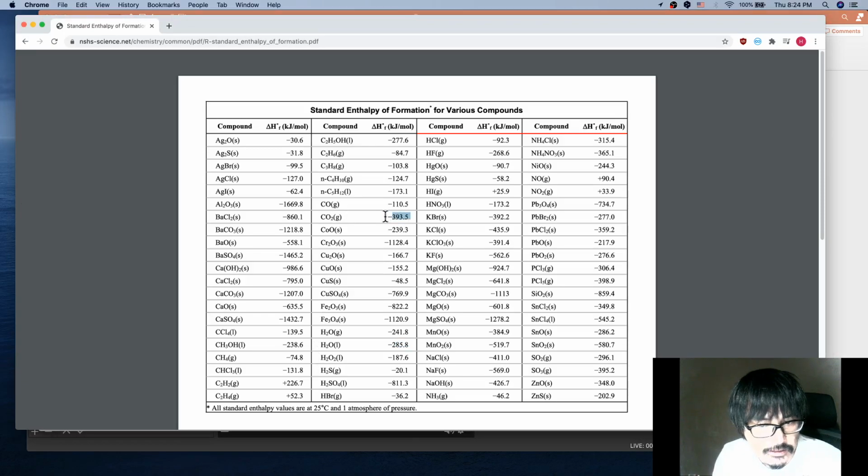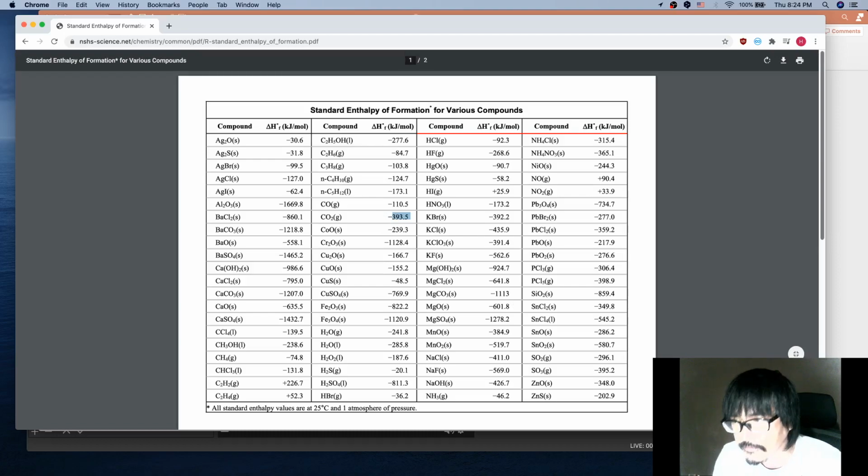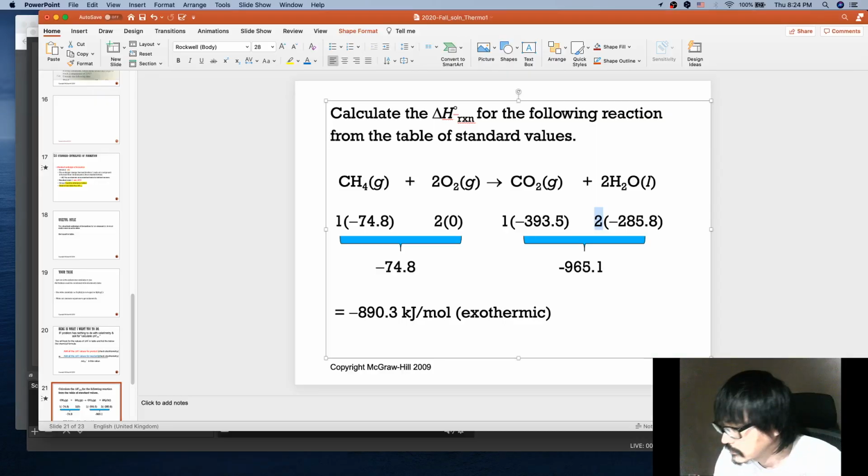And then CO2 gas is negative 393.5, and I have only one of those. The oxygen, the pure element, is 0, so even though I have two of those, 2 multiplied by 0 is 0.